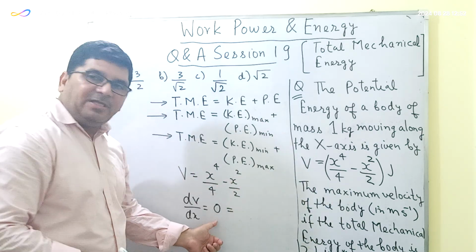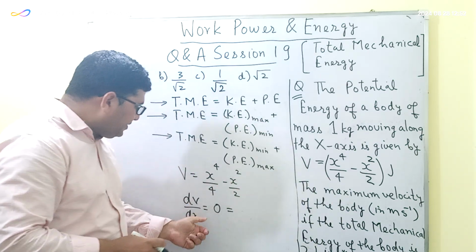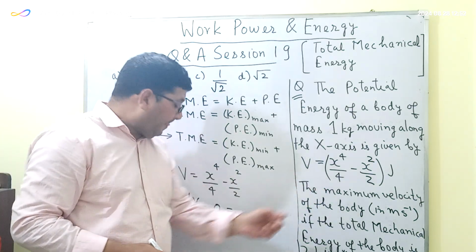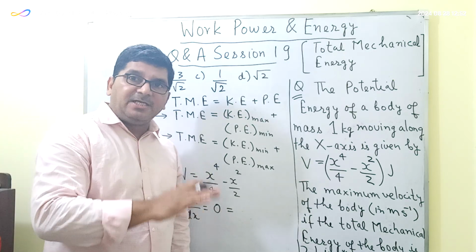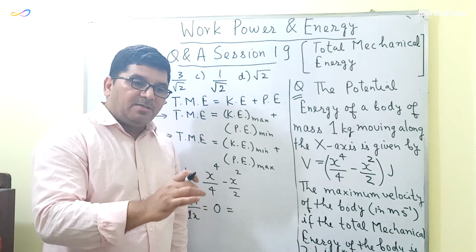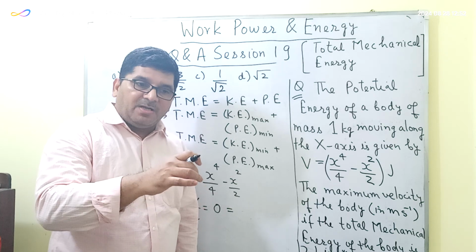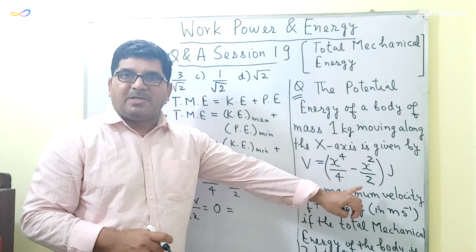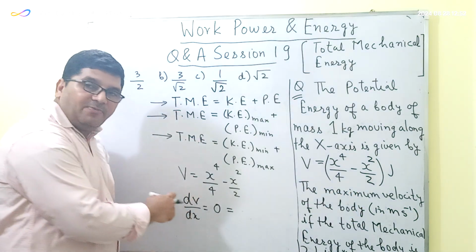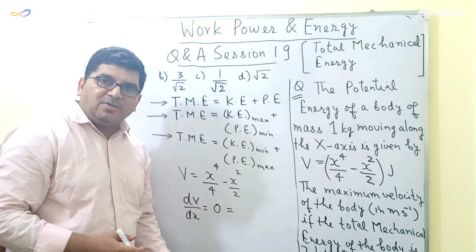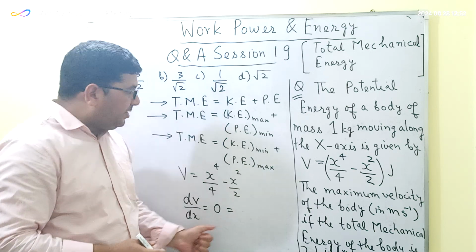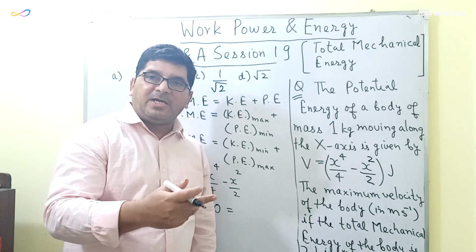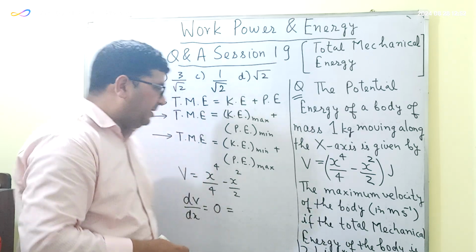Now when the potential energy of a body is minimum, then the rate of change of this potential energy with respect to the displacement will be equal to 0, because the potential energy is not going to decrease below the minimum value with this displacement. In other words, the rate of change of the potential energy with respect to the displacement will be equal to 0 in the case of the body having the minimum potential energy.